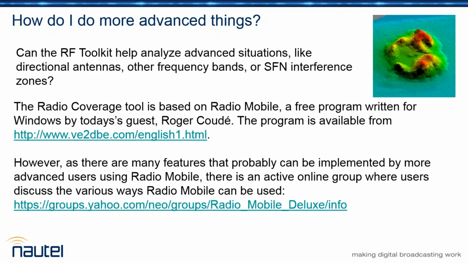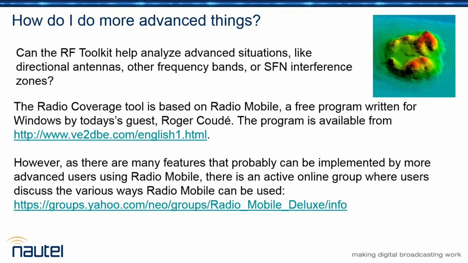If you want to do things like directional antennas, other frequency bands or SFN interference zones, you can do them, but you have to use the Radio Mobile program, and it's very configurable, which is another word for complex, which is another word for complicated.